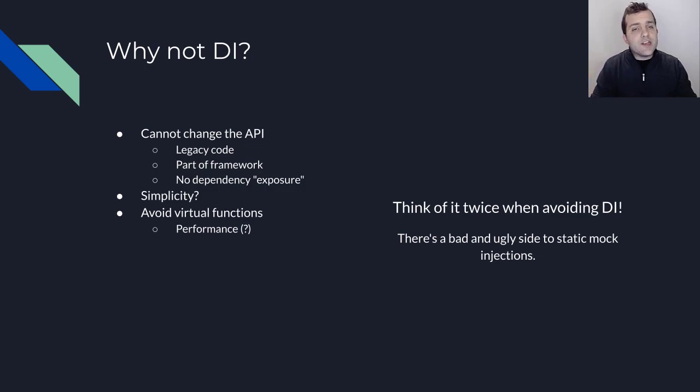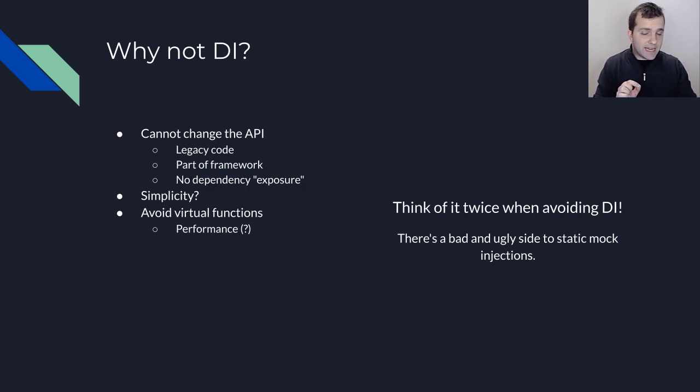Alternatively, it may not be desirable to expose any dependencies outside of the class that uses them. Furthermore, some may consider injecting dependencies more complex rather than simply instantiating them within the context that requires them. Finally, there may be some concerns regarding the performance of virtual function calls.